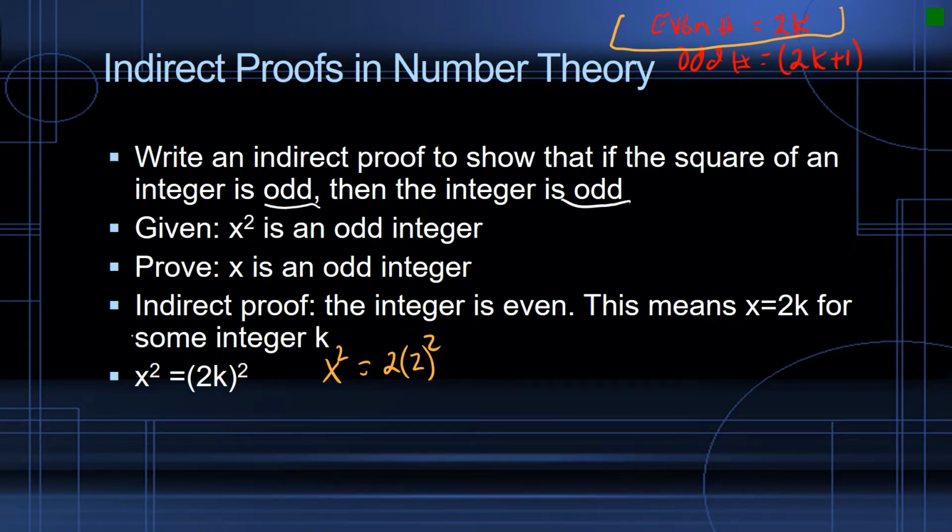Well, 2 times 2 is 4. This is an even integer. And 4 squared is 16. Okay, well, that's not odd.